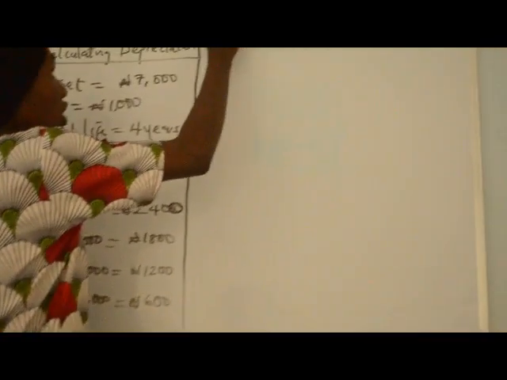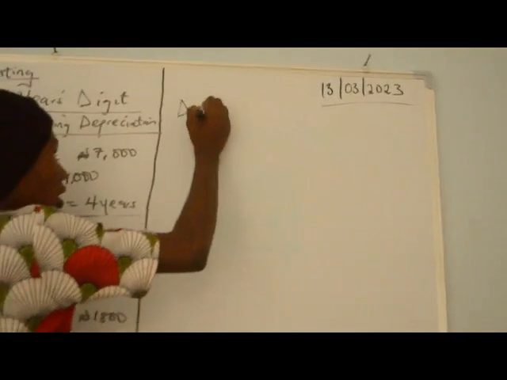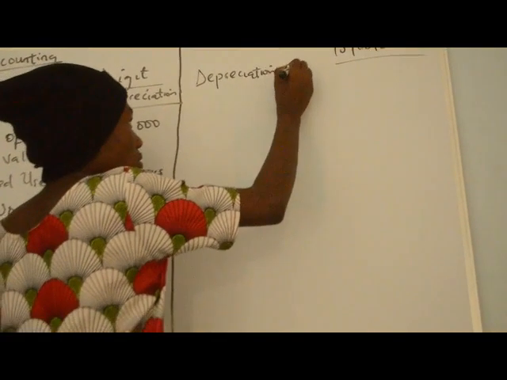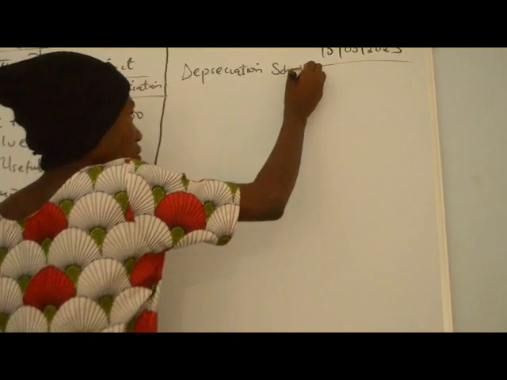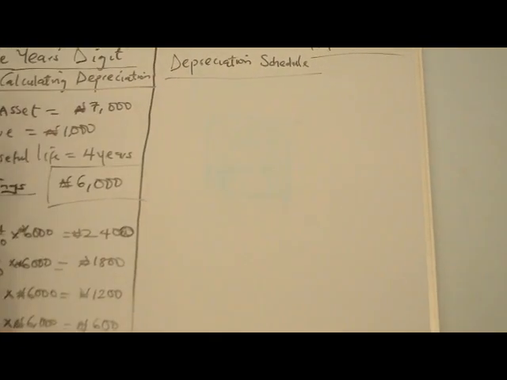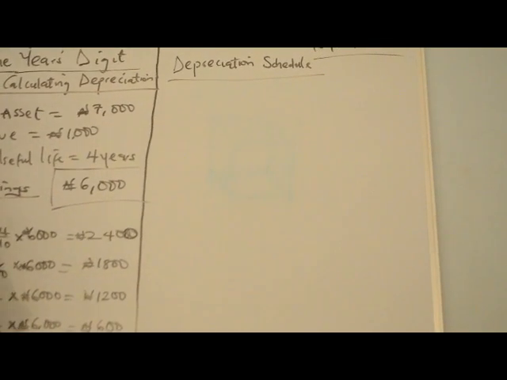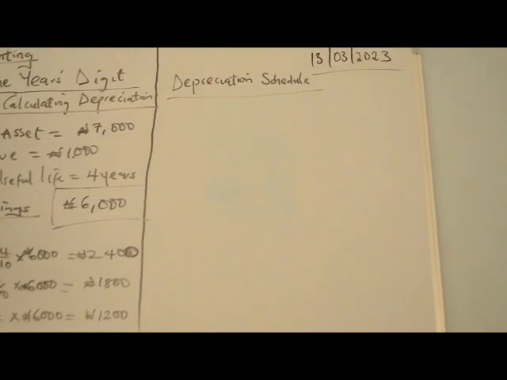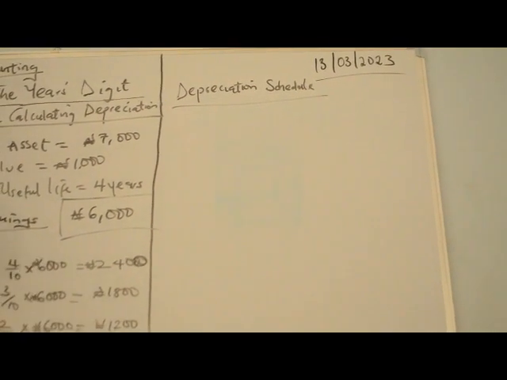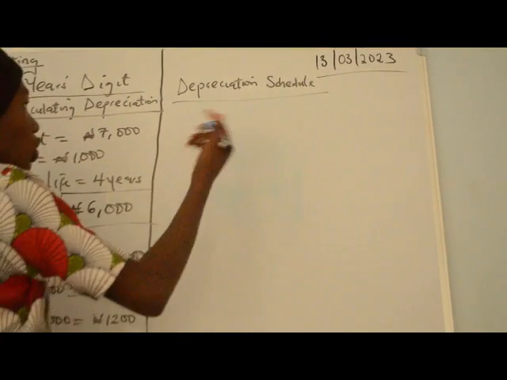So our depreciation schedule, like I said, this is a table that shows our years, our cost of assets, our annual depreciation, our accumulated depreciation, as well as our net book value. Okay, so I will be preparing this quickly.